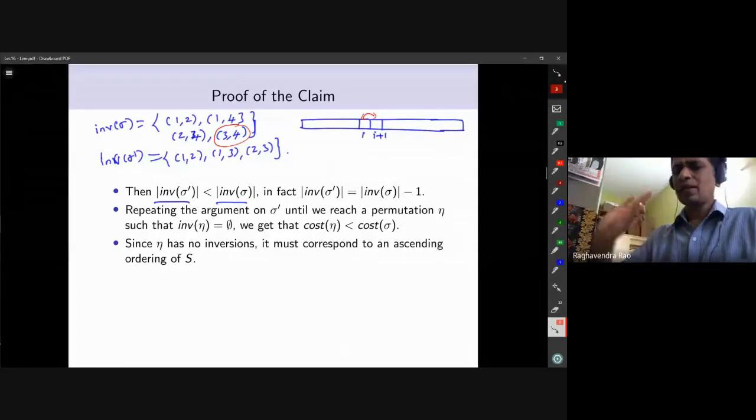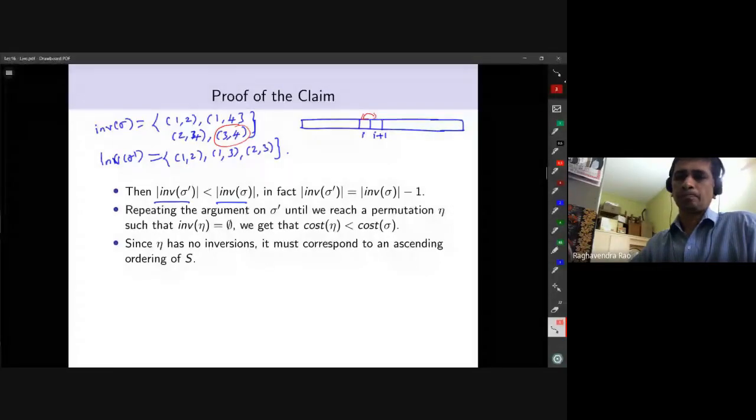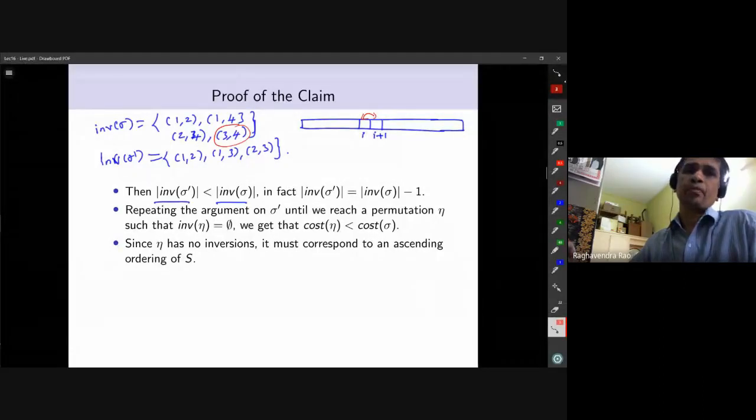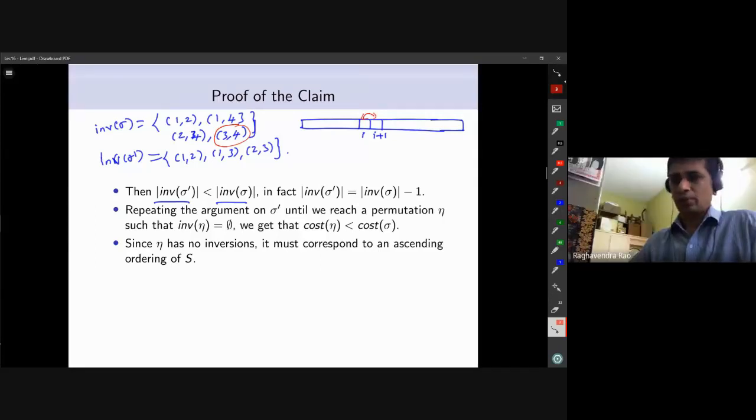So now, is this rigorous enough? We can recursively say that if changing one inversion reduces the cost, we will get a reduced cost all in all from sigma to the sorted array. Yeah, this is a convincing argument, but unfortunately, it's not a completely rigorous argument.